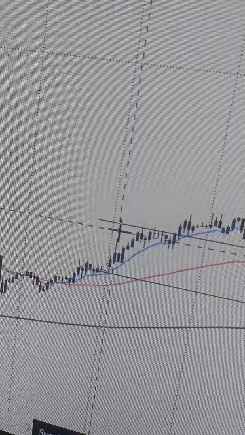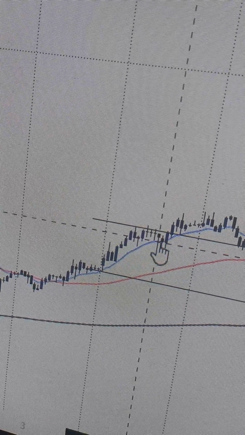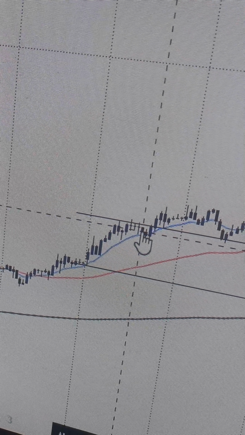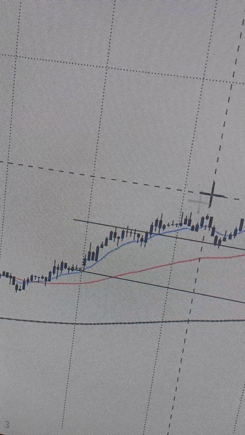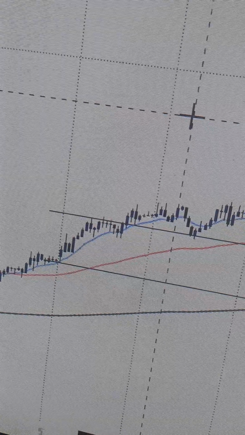So this was our range. We had a breakout. We are in a bullish market. So when you're taking this entry, you're not worried. A breakout, you take your buy.